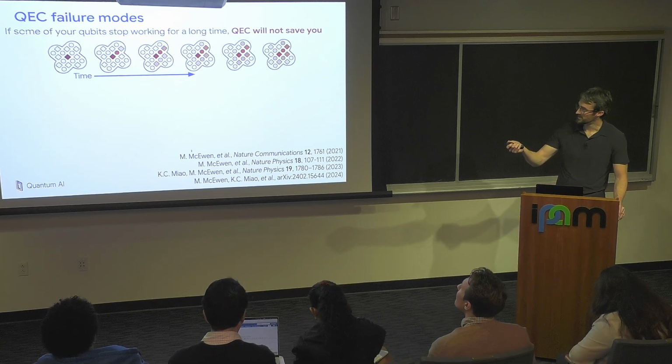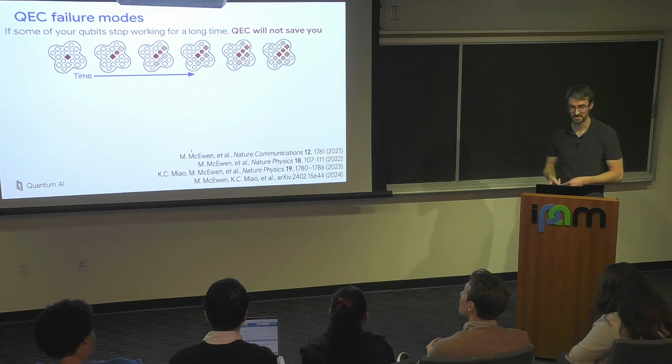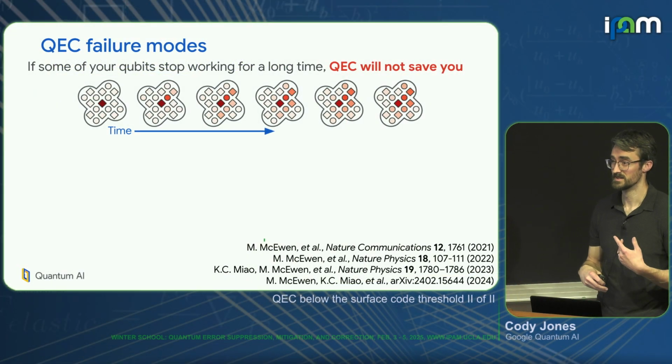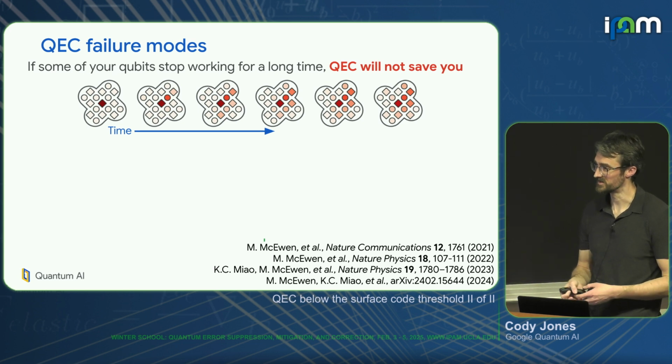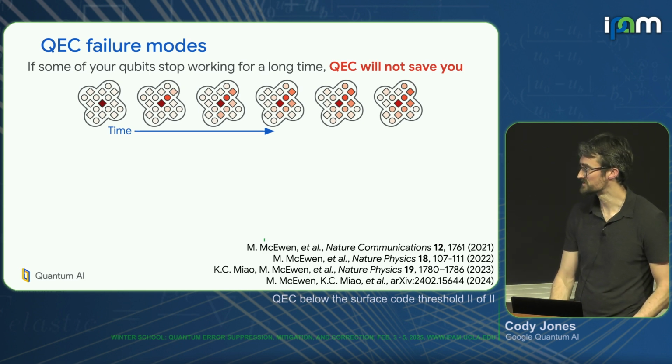Okay, so in general, if some of your qubits stop working for a long time, meaning they just get into a bad state and stay in a bad state, then QEC won't save you. That's because a qubit that is persistently not functioning is kind of a correlated error. It's over and over again having an error in a burst fashion.